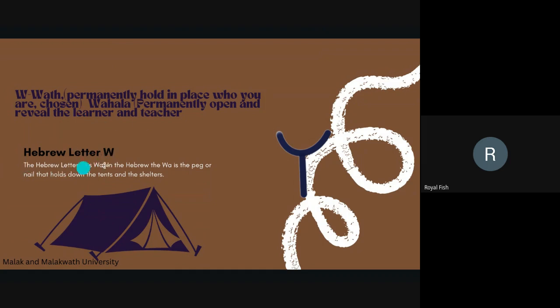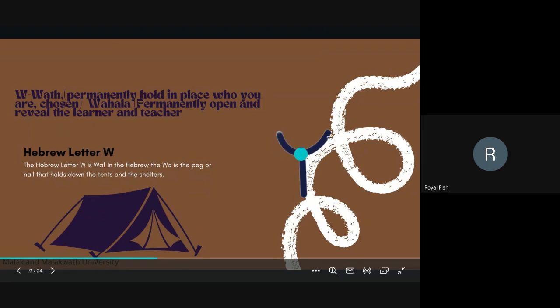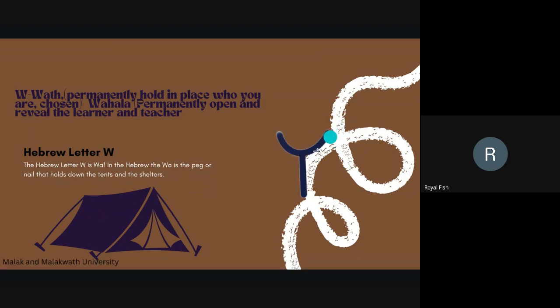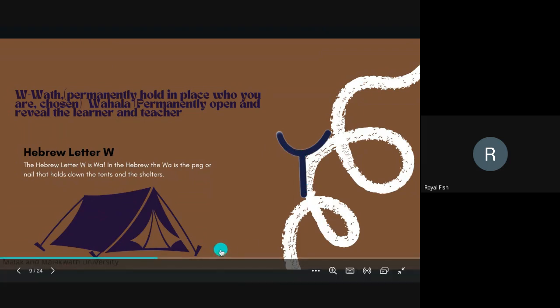So once again, the Hebrew letter W is Wa. In the Hebrew, the Wa is the peg or nail that holds down the tents and the shoulders. It looks like a Y, but a little bit more curved, however they would have drawn a peg. Today pegs do look a little different.